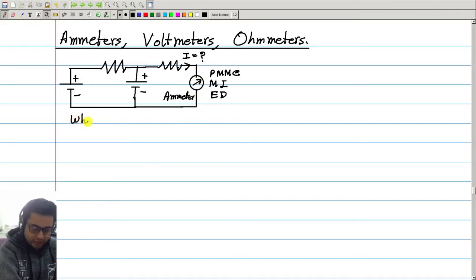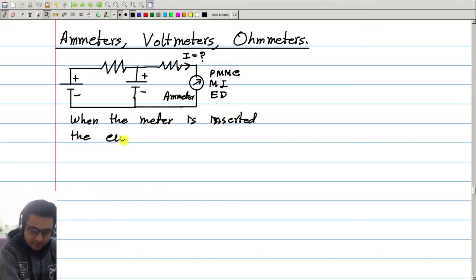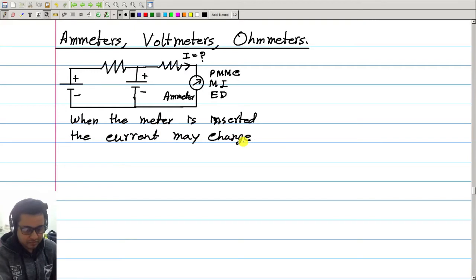So when the meter is inserted, the current may change, and that may cause some error in our measurement.